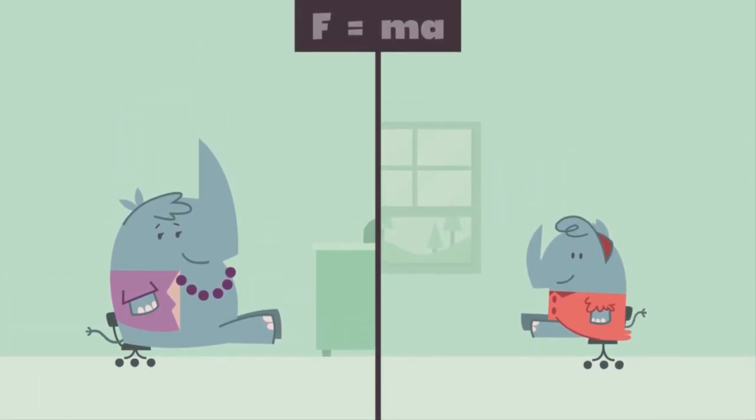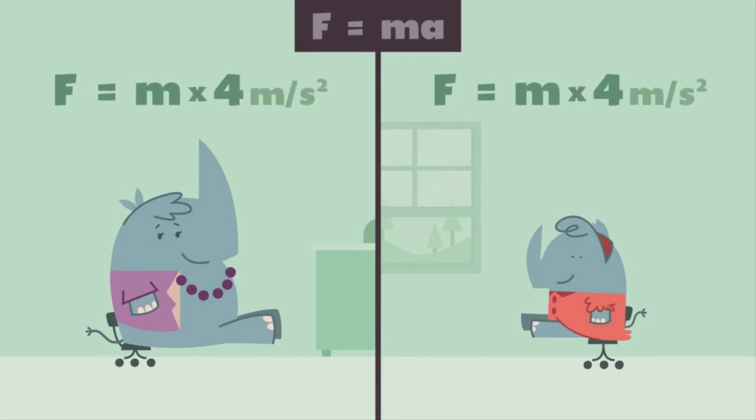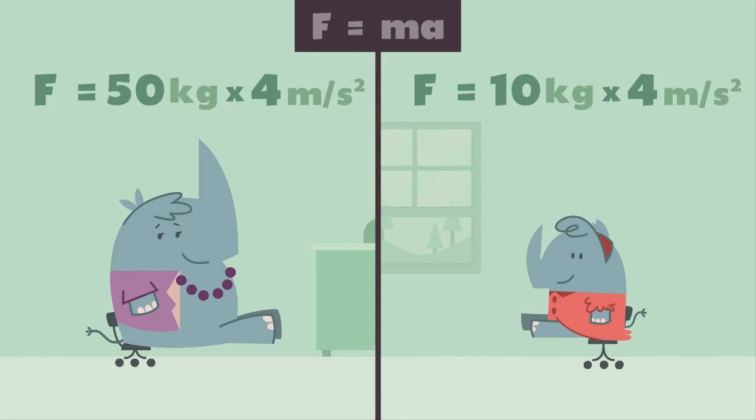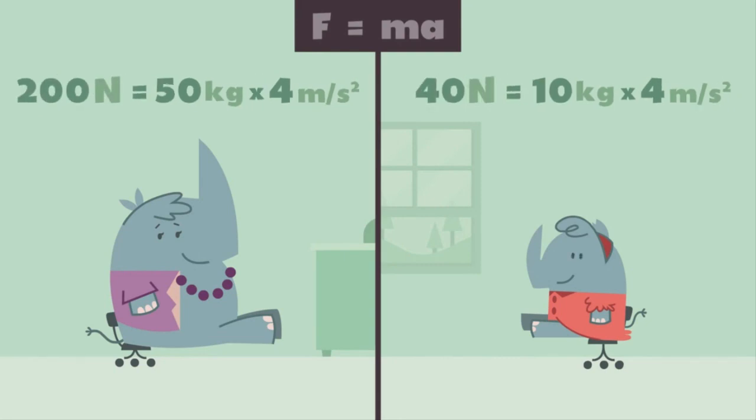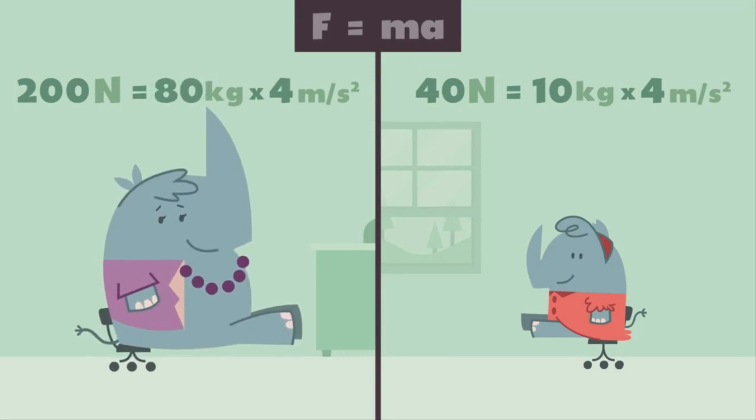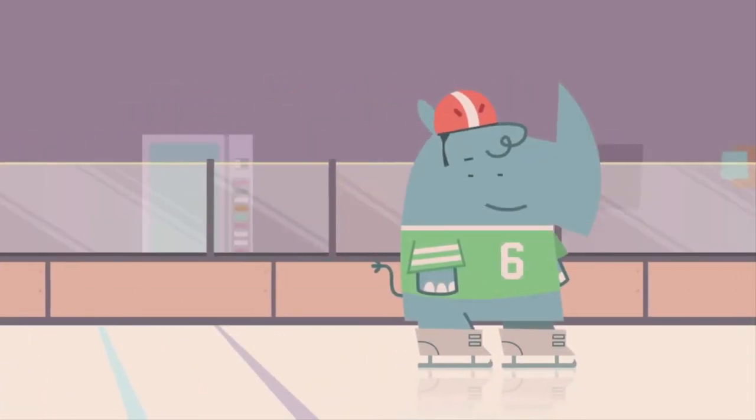All this has to do with Newton's second law of motion, F equals ma. It says for a set acceleration, an object with more mass requires more force to get it moving at that set acceleration. As mass increases, the force required to accelerate or decelerate that mass increases as well. Now, don't you feel massively smarter?